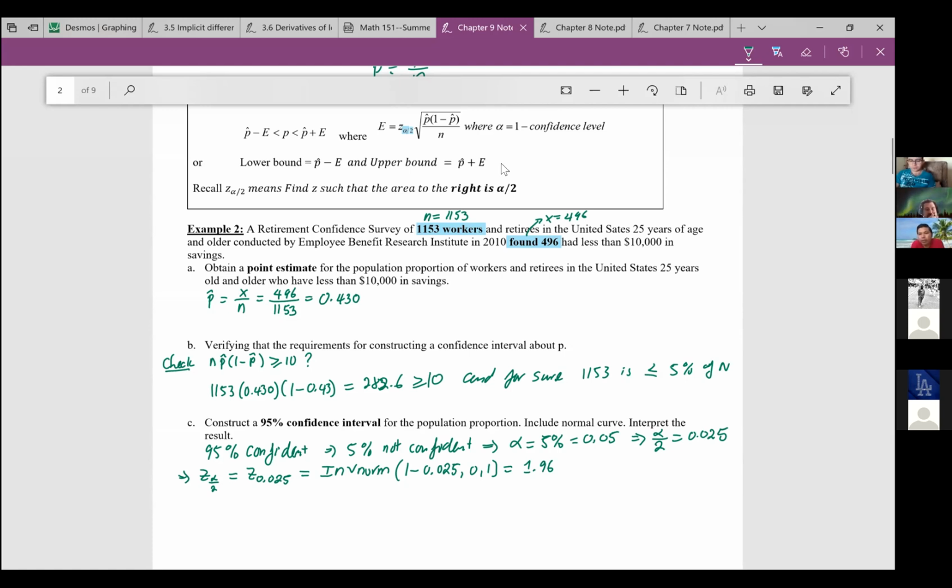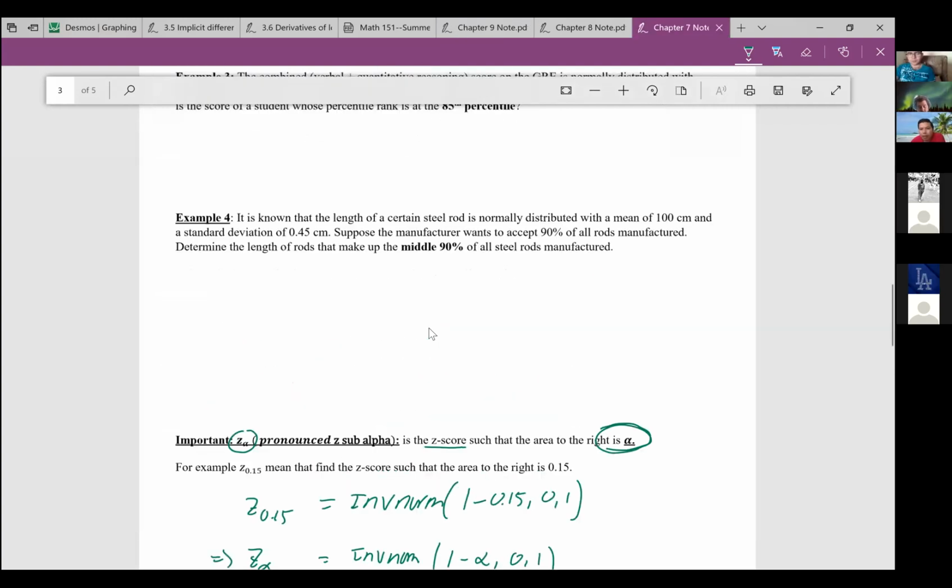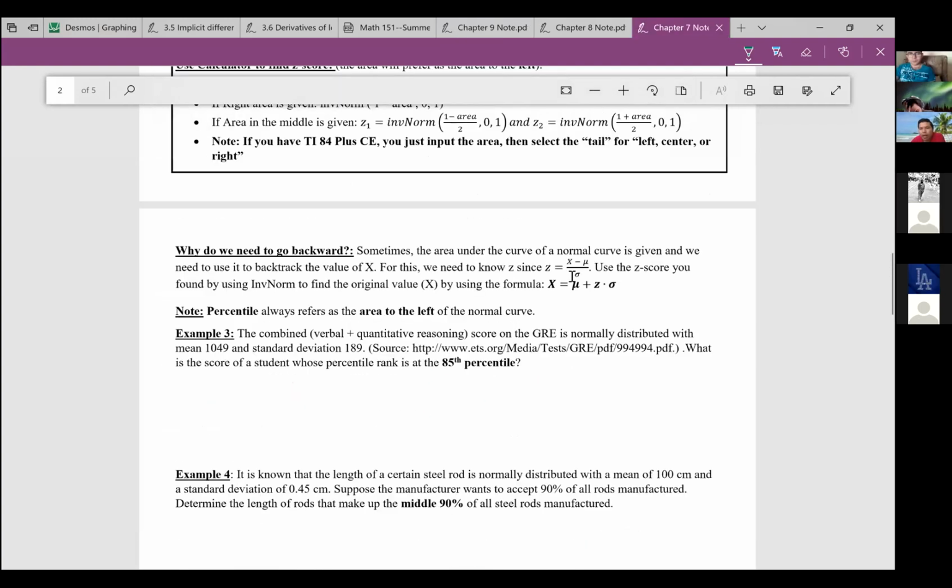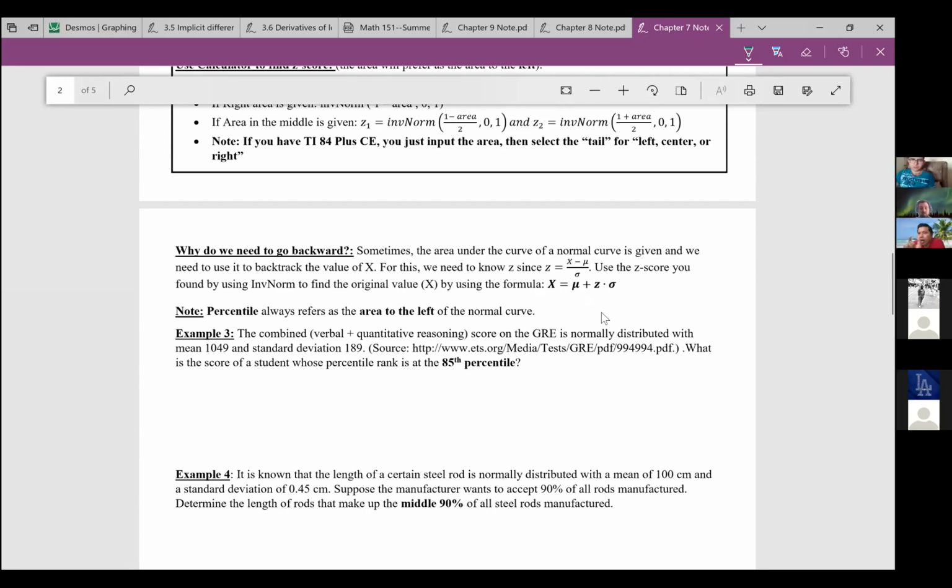Mm-hmm. Does that make sense? It's beginning to. Yeah, because if you go back to chapter 7, right? How do we find the value of x? We find the value of x by taking mu plus z times sigma. So okay, when you take x minus mu, you are getting z times sigma, yes? Okay. And that's how much of a gap we're having.